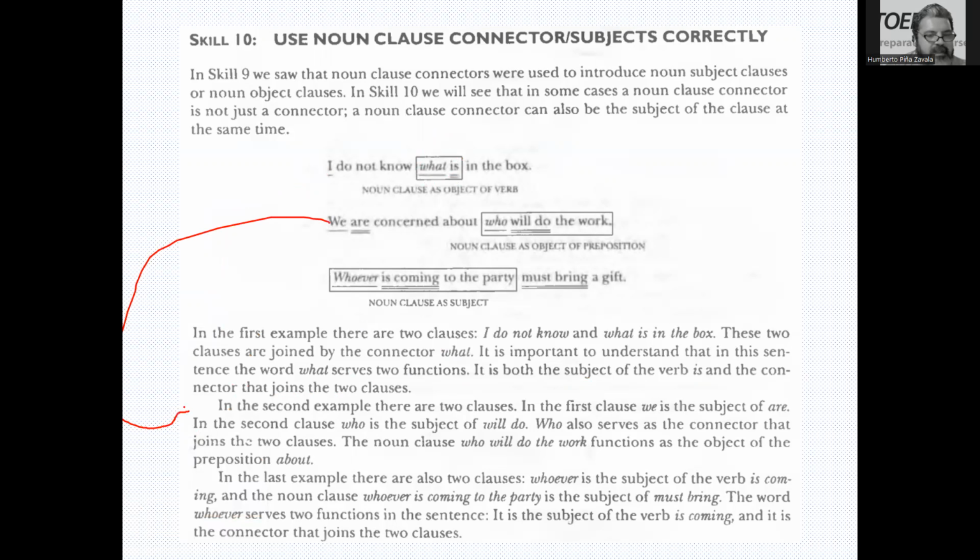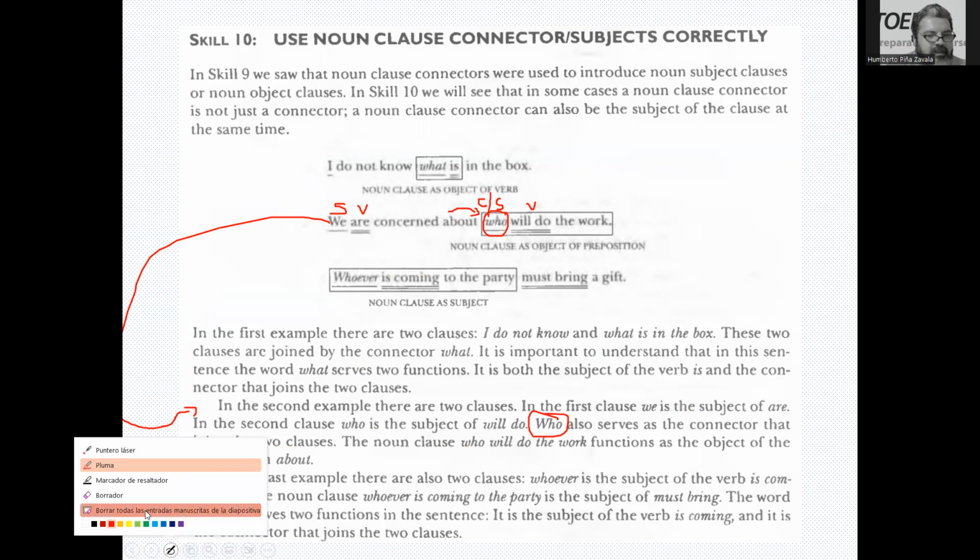In the second example, there are two clauses. In the first clause, we is the subject of the verb are. In the second clause, who, as we said, is doing two functions: it is the subject of the verb will do, and it also serves as the connector that joins the clauses. So the noun clause who will do the work functions as the object of the preposition about.